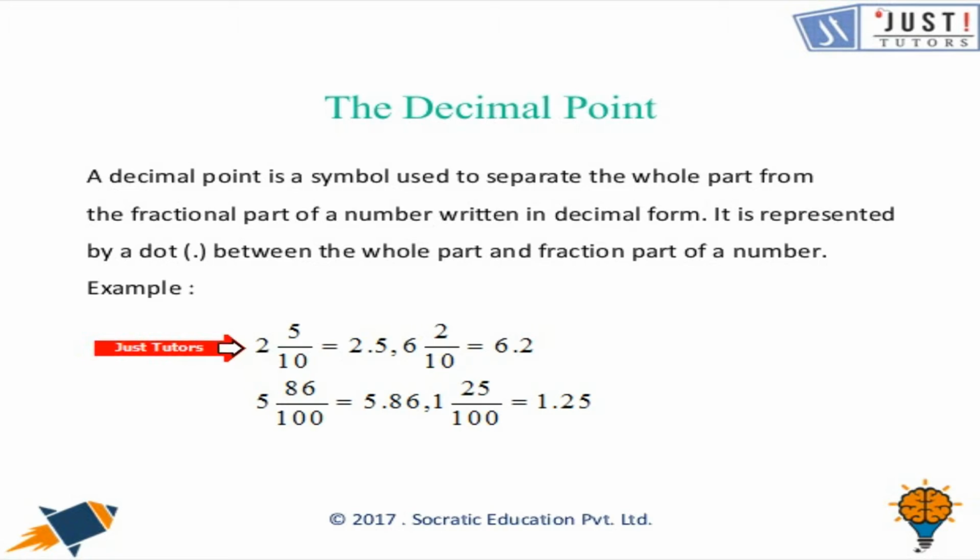That's a mixed number written here, where 5/10 has a denominator of 10. So 5/10 can be written as 0.5, and the complete 2 whole 5 tenths can be written as 2.5. Similarly, pause the video and you can check out the rest of the examples written below. Let's move ahead.